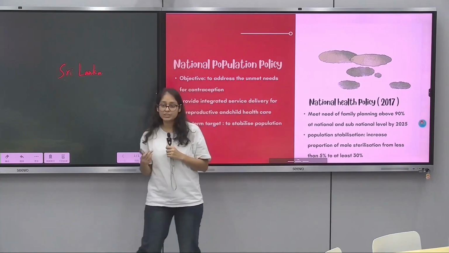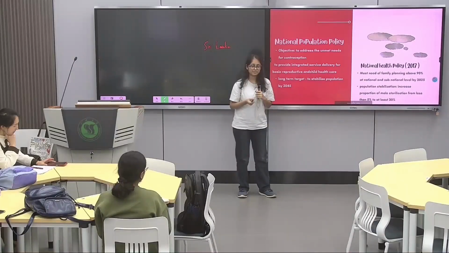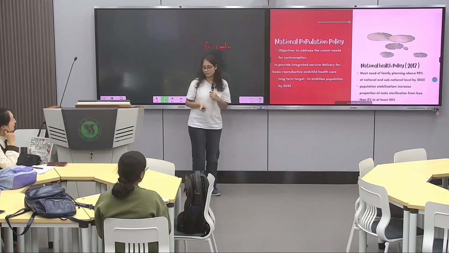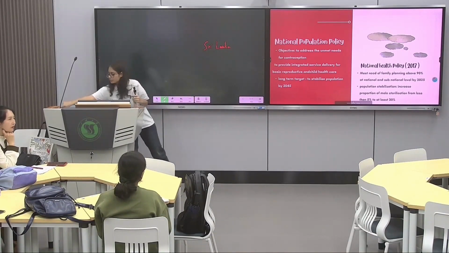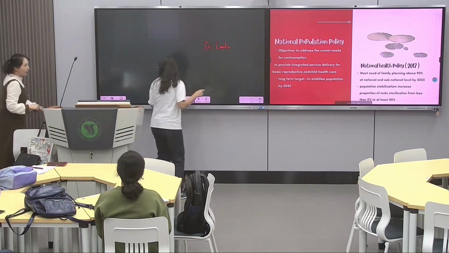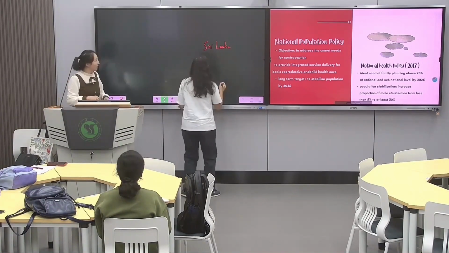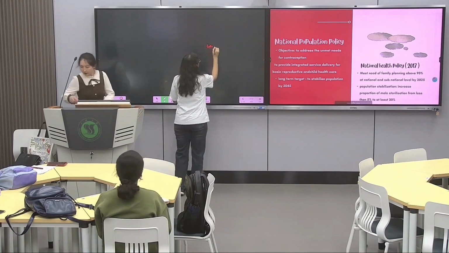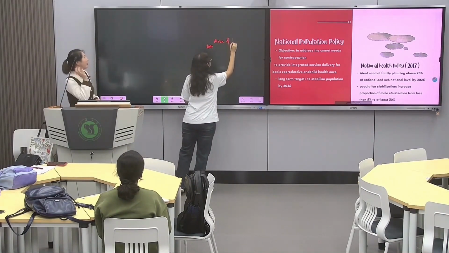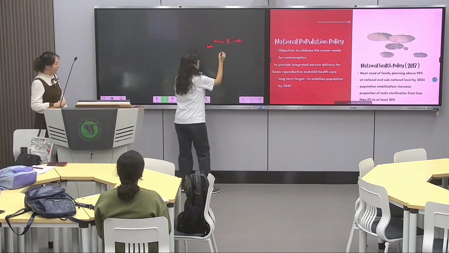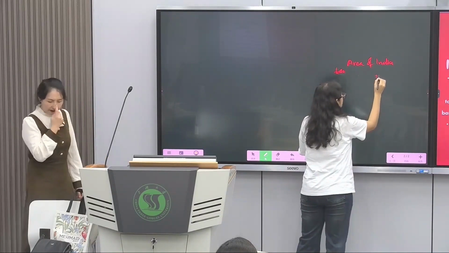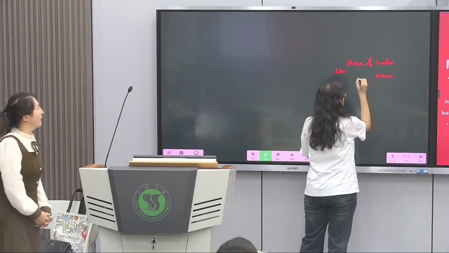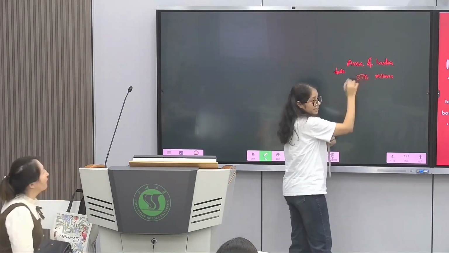So why do we want population stabilization? The resources are limited, and according to the land area of India, the population should be in some millions, like 378 millions, according to the area of the land.